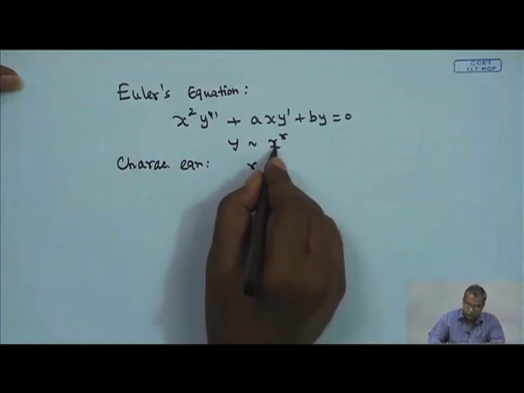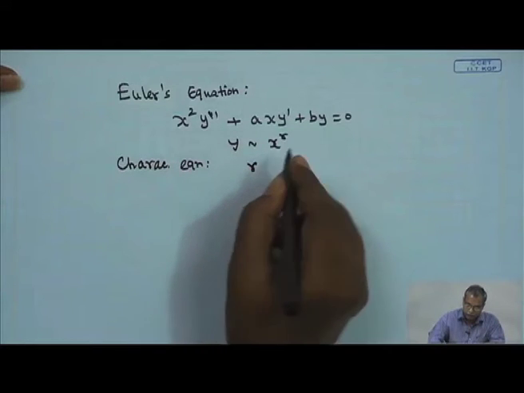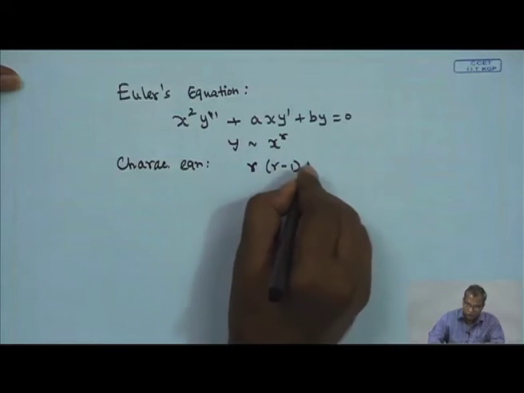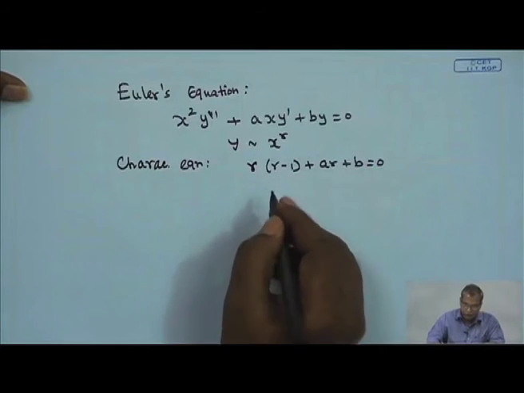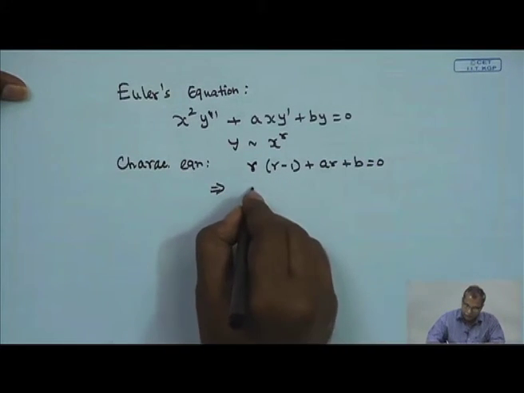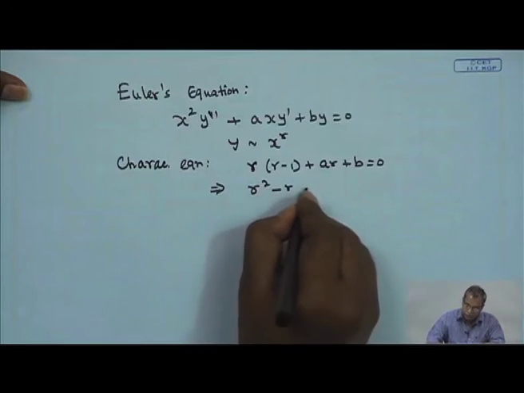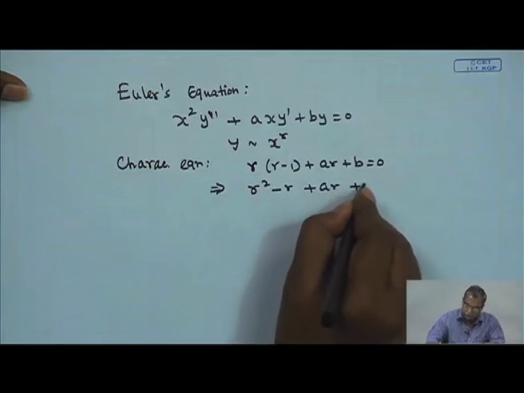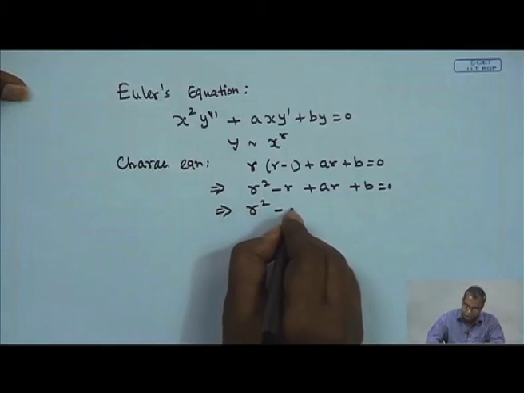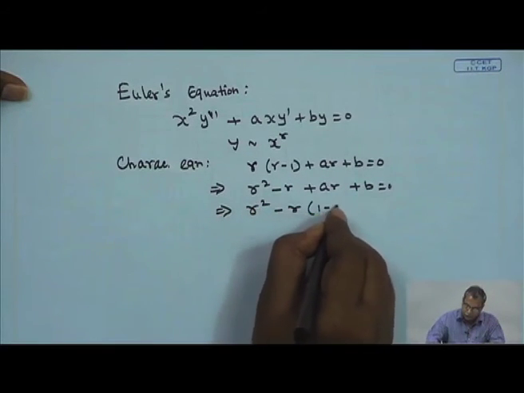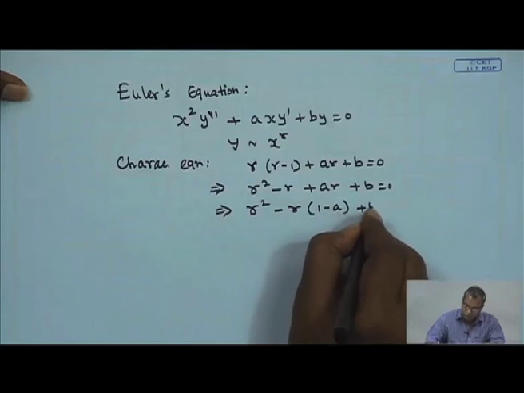Just put x to the power r in the governing equation: r(r minus 1) plus a r plus b equal to 0, and you will be getting a quadratic in r. So r square minus r plus a r plus b equal to 0. So it will be r square plus r(a minus 1) plus b equal to 0.